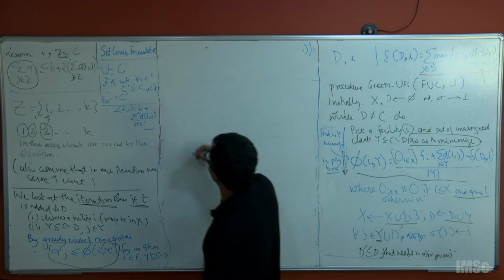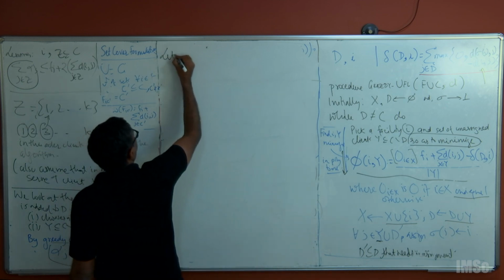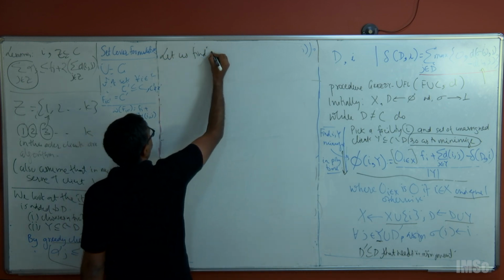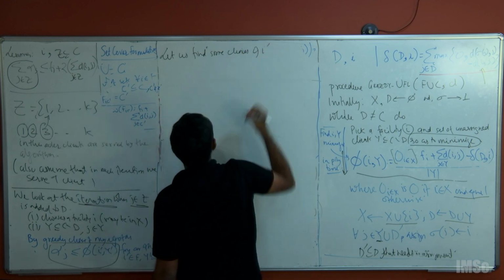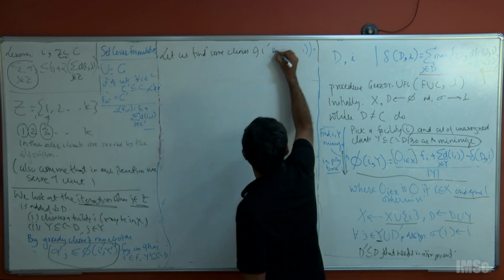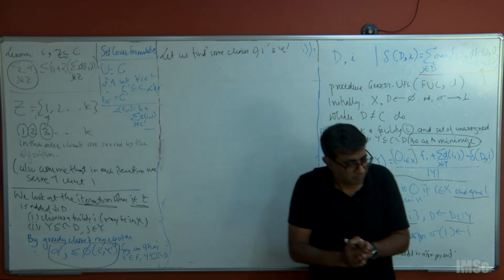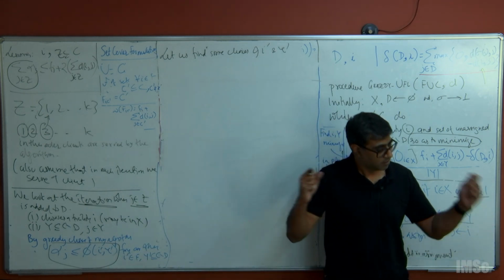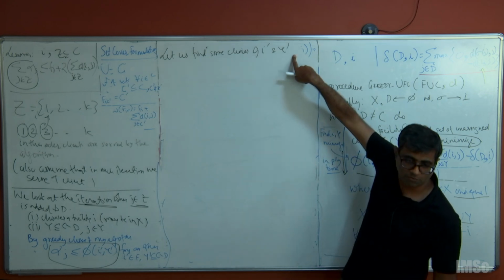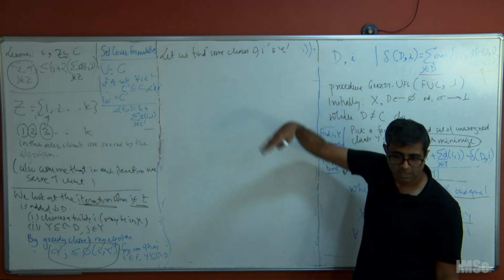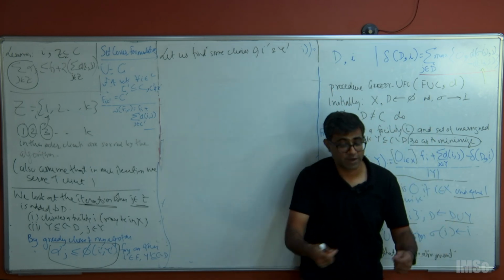So I'm going to say, let us find some choices of I prime and y prime and try to relate the cost with respect to this by the fact that I did not choose I prime and y prime. So I come up with some choices of I prime.